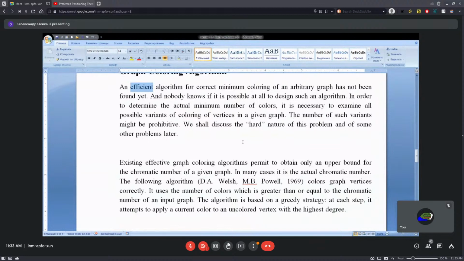Also, we discussed the problem of Fibonacci numbers. There were three algorithms for solving the problem. And what was the problem?